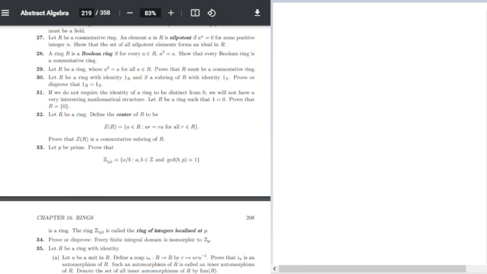Not necessarily for 30. We saw the example with the set of 2x2 matrices, and the 2x2 matrices of the form 1, 0, 0, 0. That has a different identity. Yeah, it has a different identity, just straight up.